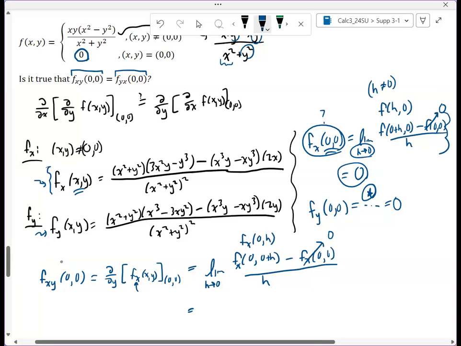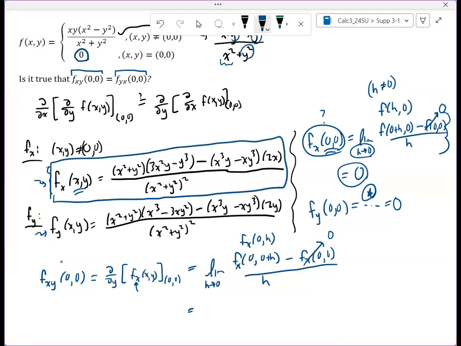That's this function plugging in x equals 0, y equals h. Since I'm not going to use this function again, I'm just going to draw on it. So x equals 0 gets rid of this guy and this guy. So that term goes away.